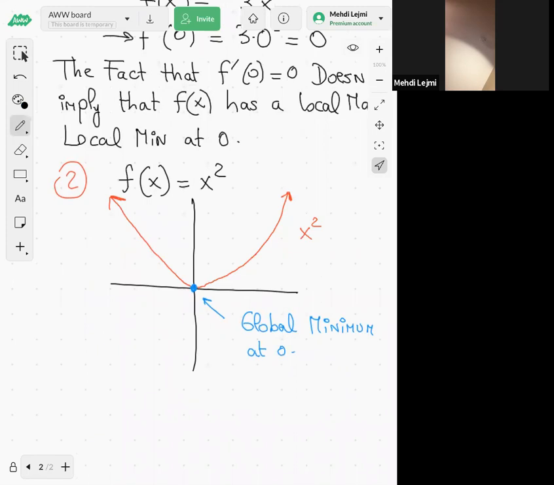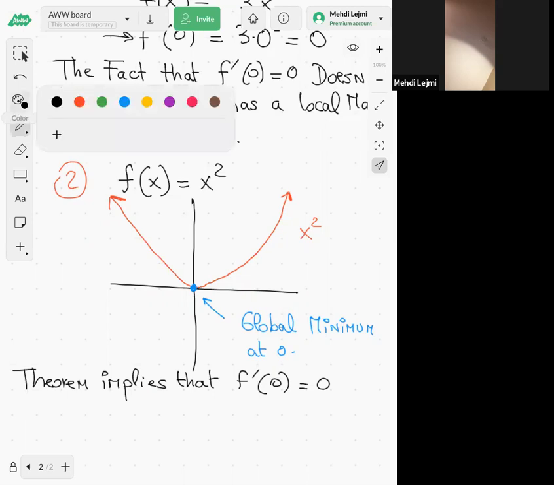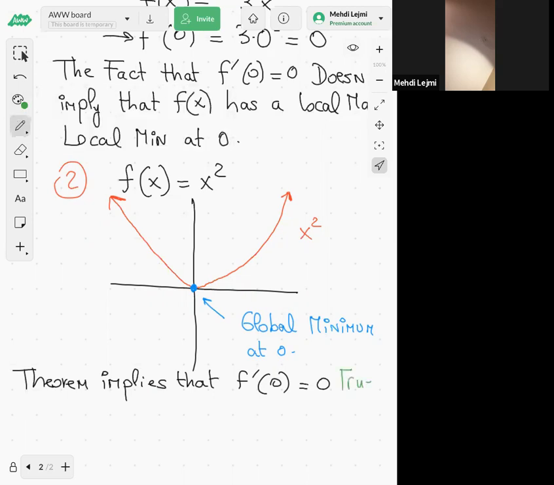So the theorem implies that f prime of 0 is going to be 0, and that's of course true. If you compute f prime of x, the derivative of x squared is 2x, and so f prime of 0 is 2 times 0, which is 0.